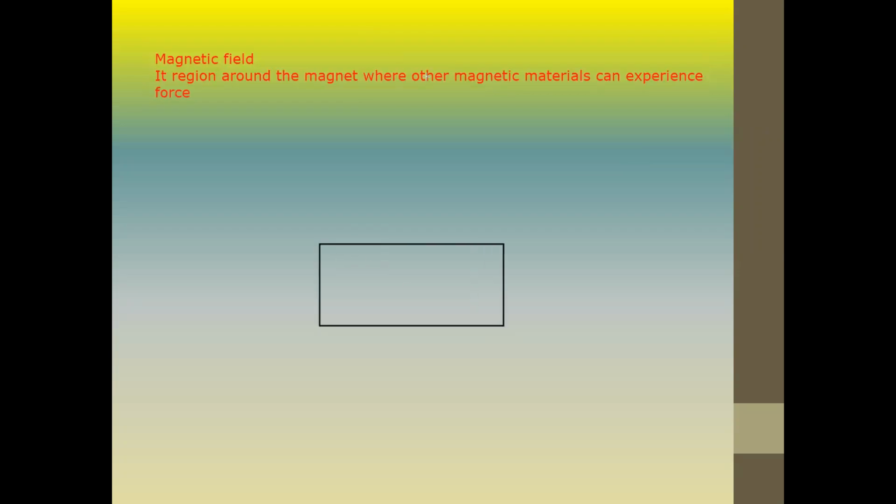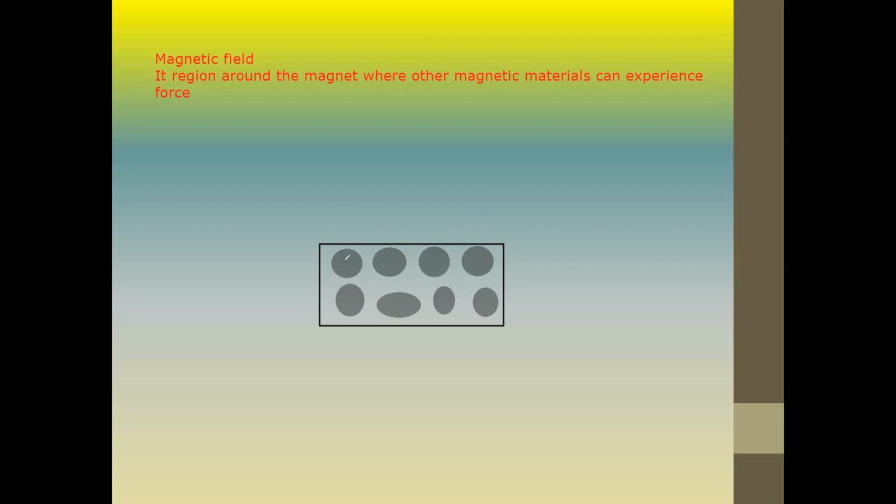The difference between a charged object and a magnet: for example, you have a material which has atoms. A charged object can be positive or negative, but for magnetic materials, it is not necessary that there is a net charge. Overall it can be neutral, but it can be a magnetic material.